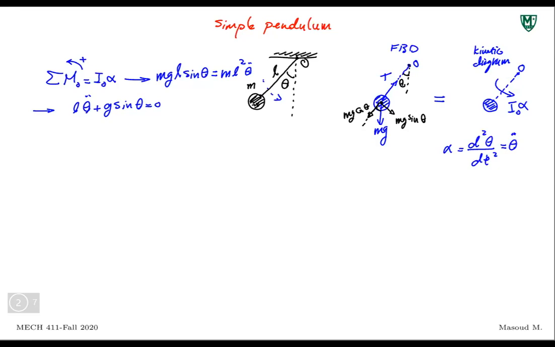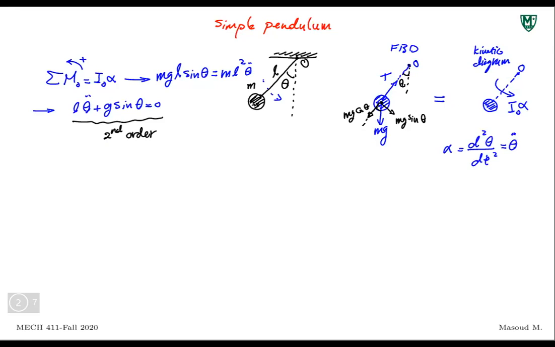Now, if you look at this equation of motion, it is pretty much a second order differential equation, right? We have the second derivative with respect to time, and the dependent variable is theta, because we have the derivative with respect to time of theta. So this here is a second order differential equation.